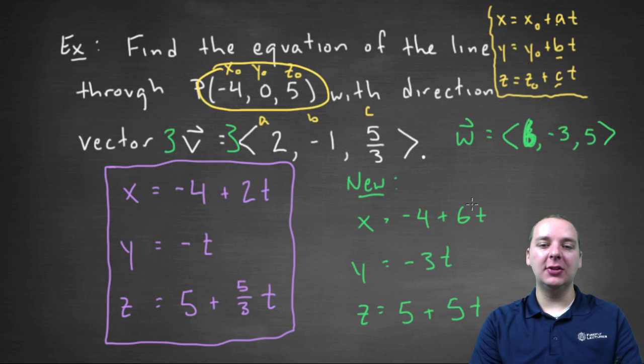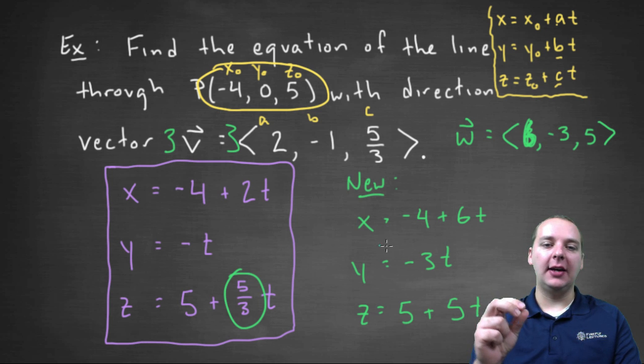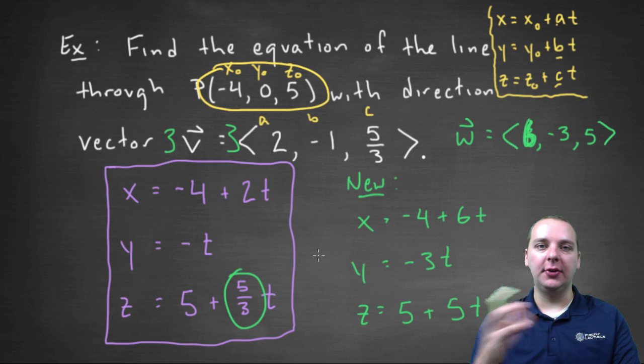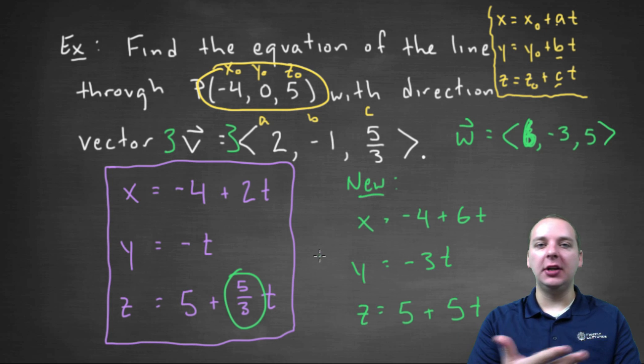And to me, that just looks a little cleaner. I think you would agree, because it doesn't have this ugly fraction here. And these actually represent the same three-dimensional line. And again, the only subtle difference is as you graph these guys, one will be graphed faster than another. But again, that doesn't change what the line is. The line would actually be the same thing.